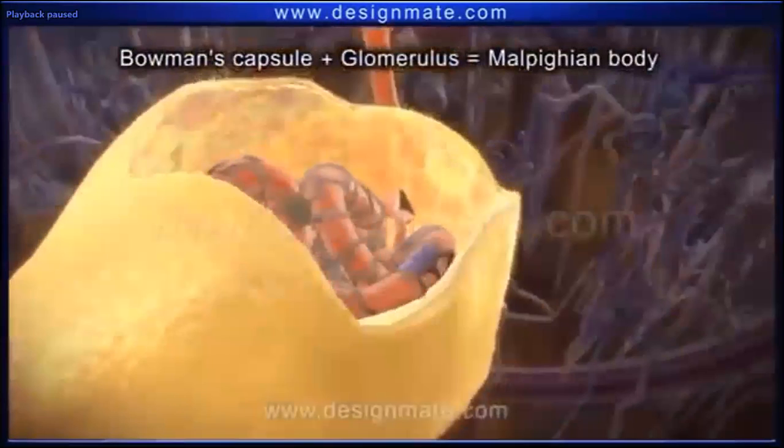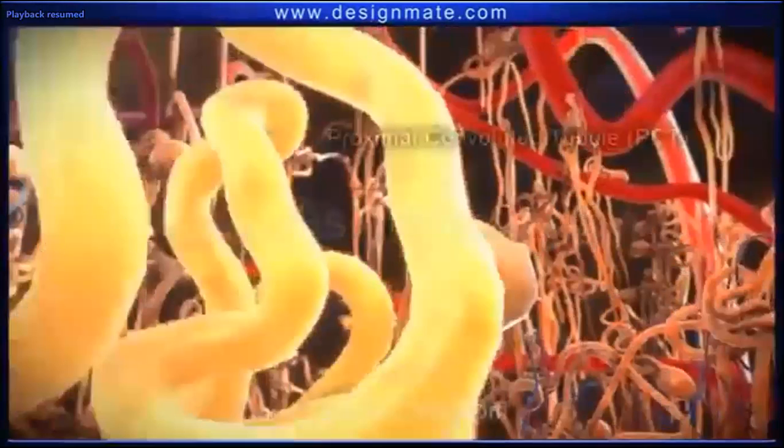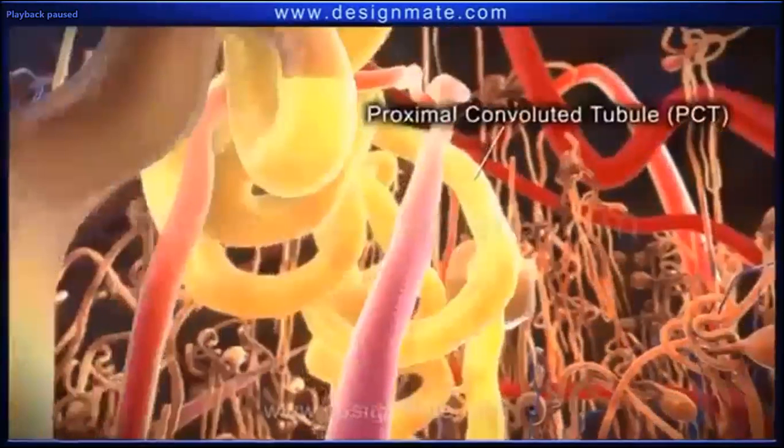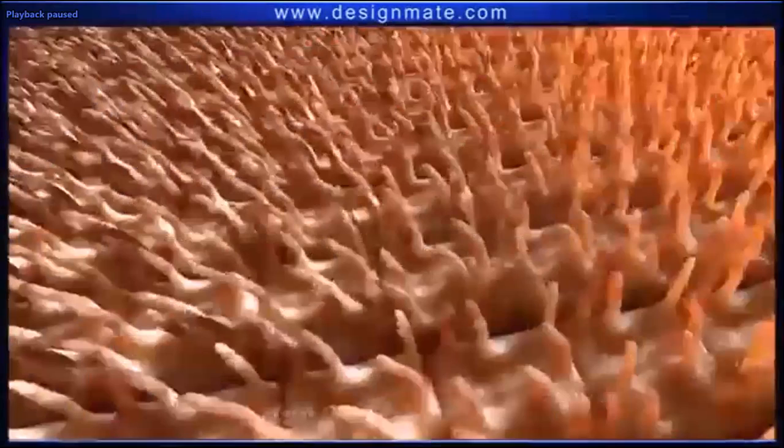Actually, the nephron has two major parts. One is the Malpighian body, and the second is the kidney tubules, nothing but the PCT, DCT, and loop of Henle. These tubule structures start with the proximal convoluted tubule, PCT, or first convoluted tubule.